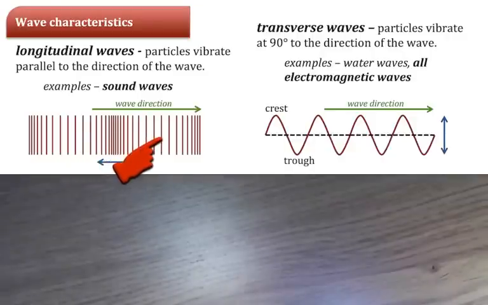Over here, a position where the air particles are spreading out, known as a rarefaction. But as I said, the air particles moving left to right, parallel to the direction of the wave as the wave moves from left to right. So just remember that sound waves are longitudinal, water waves and all the electromagnetic waves, they're all transverse. That obviously is something which could come up.